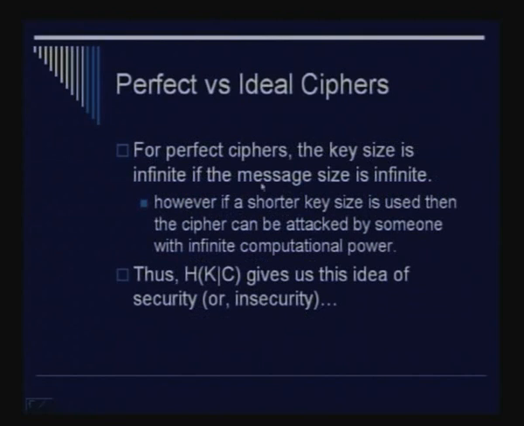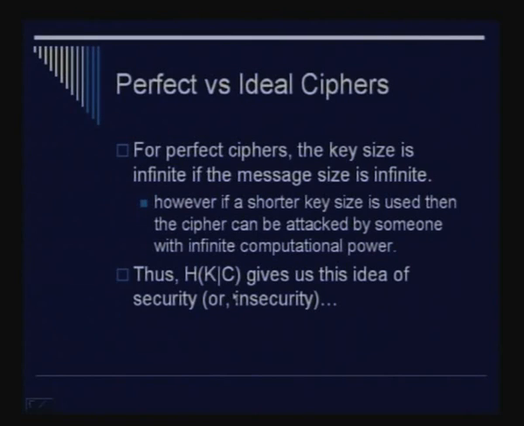Going ahead, for perfect ciphers the key size is infinite if the message size is infinite. However, if a shorter key size is used, then the cipher can be attacked by someone who has infinite computational power. Like DES, as I told you, having a 56-bit key, which is much smaller than its plain text, because the plain text size is even much larger.